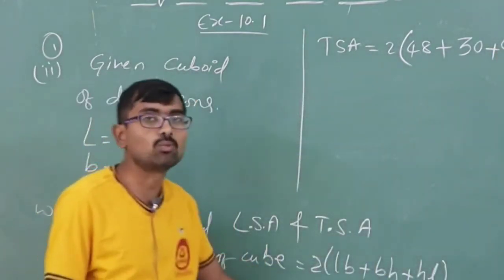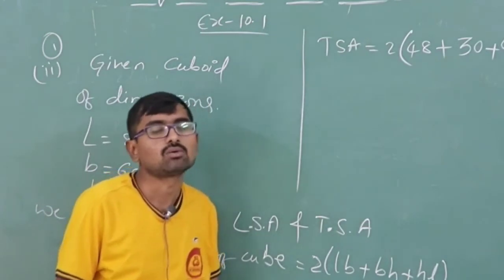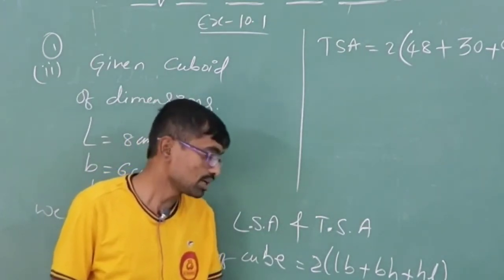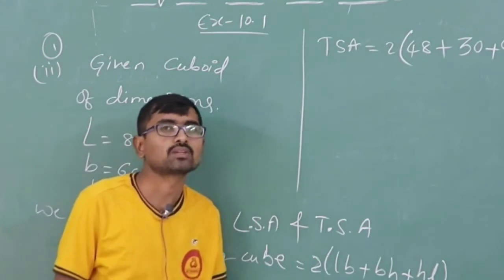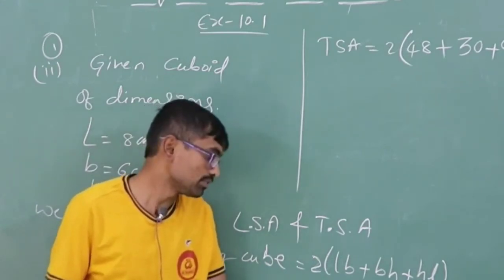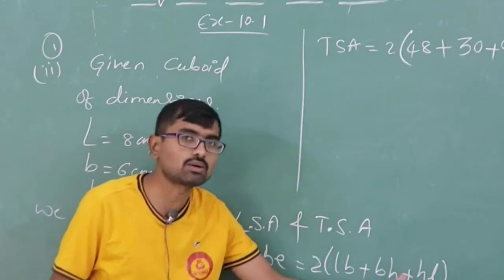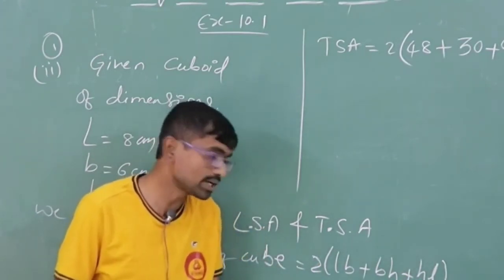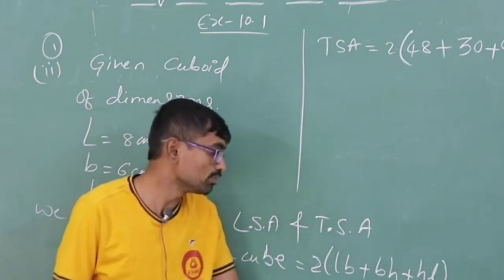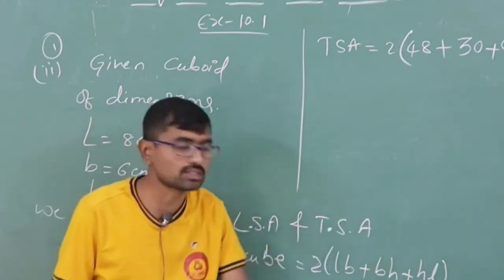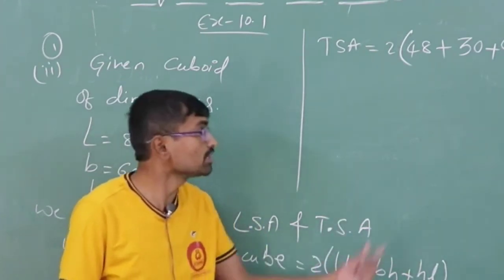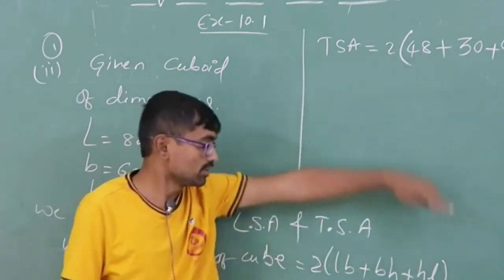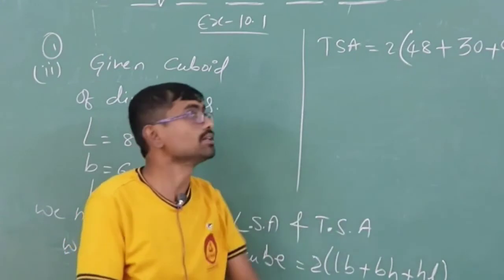Here, what rule do we have to apply first? BODMAS: brackets, of, and then first multiplication, after that addition. No need to do 6 plus 6 is 12 into 8 like that. First we multiply 8 sixes are 48, 6 fives are 30, 5 eights are 40.